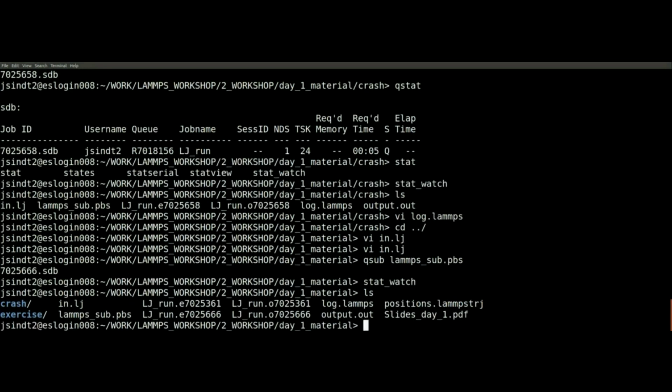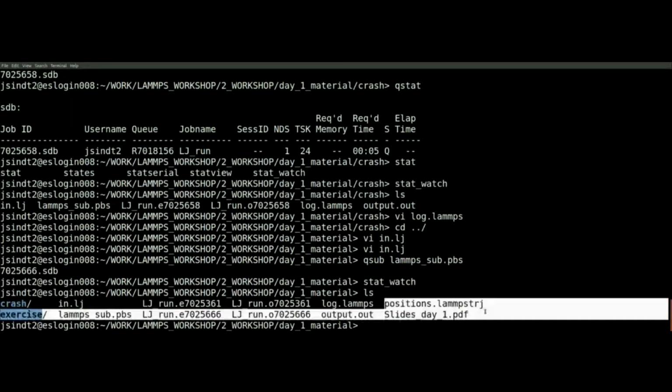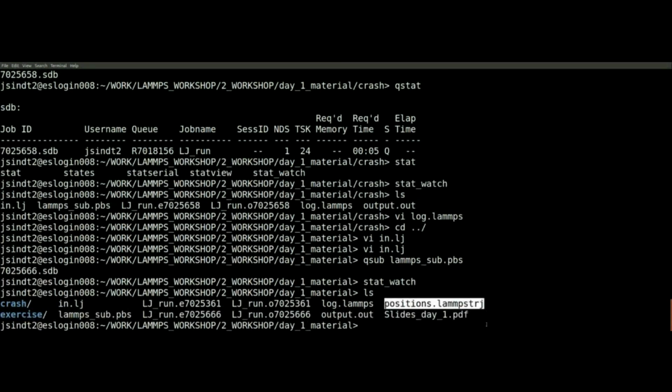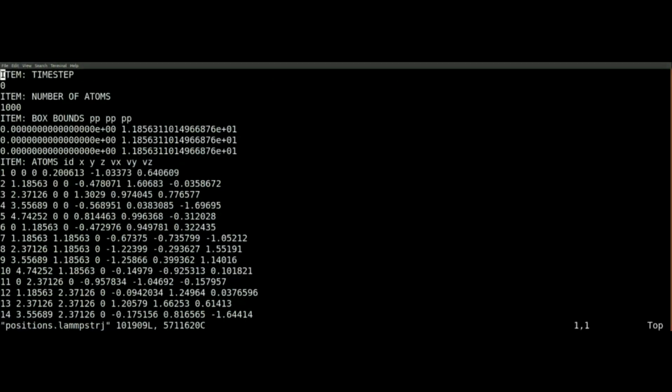And there you see we now have a file called positions.lammpstrj. And if we look into that file, we can see that, as I mentioned, we've got a certain number of lines before we get to the positions of every particle.